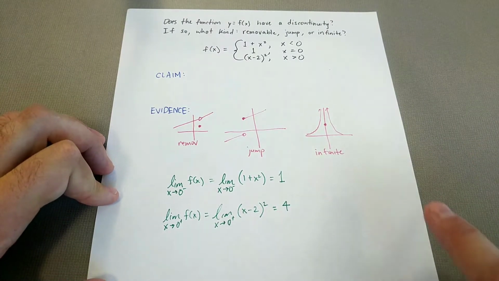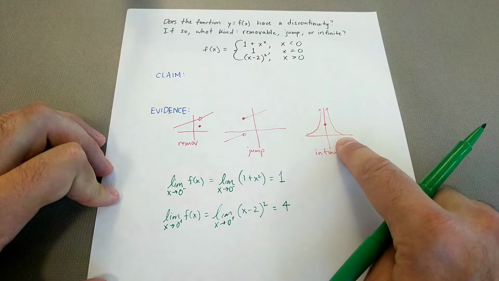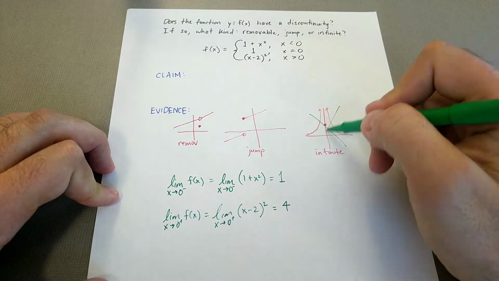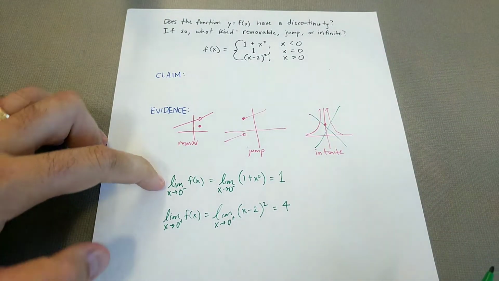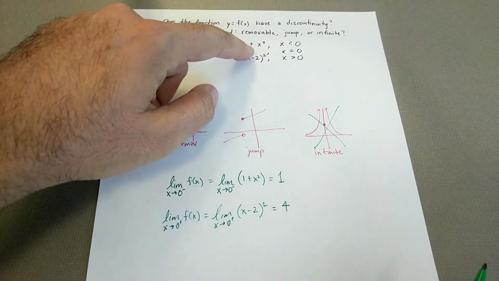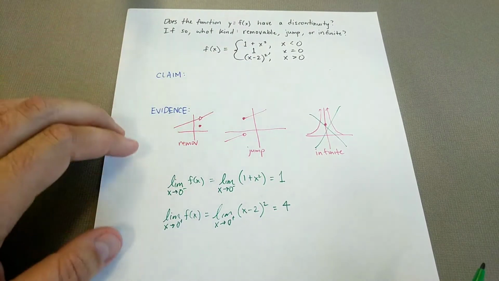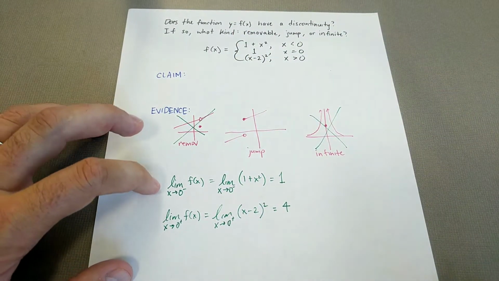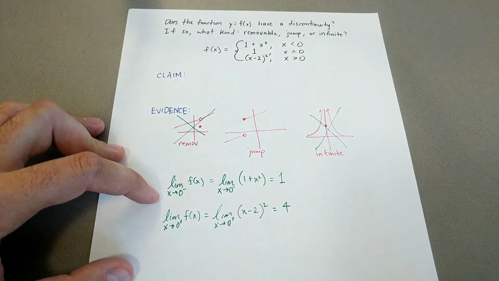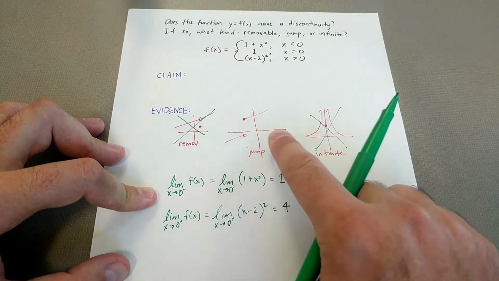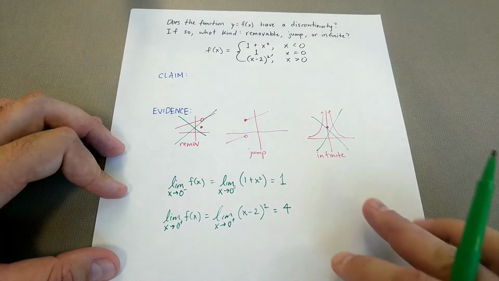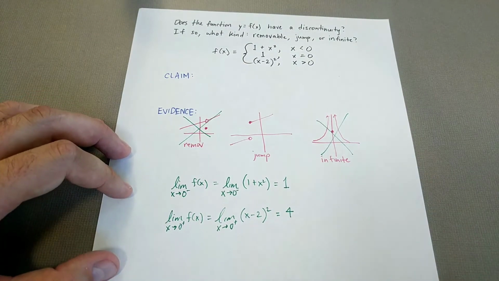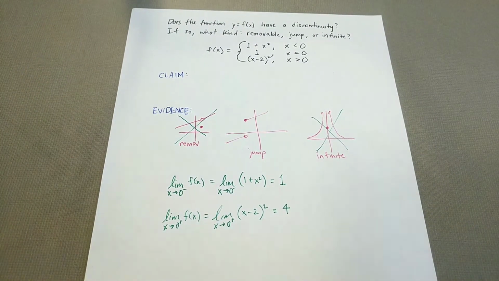All right, so it is not heading towards infinity, neither one of these, so it's definitely not an infinite discontinuity. And since the left side is approaching the actual defined point, it's not a removable. The defined point would be elsewhere, and plus the left and right side would both be approaching the same thing. What we got here is a jump discontinuity because the left-hand limit and the right-hand limit are not approaching the same value.